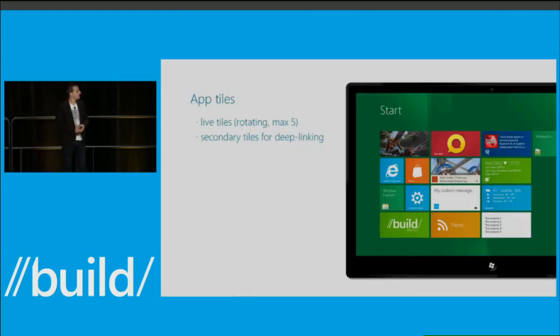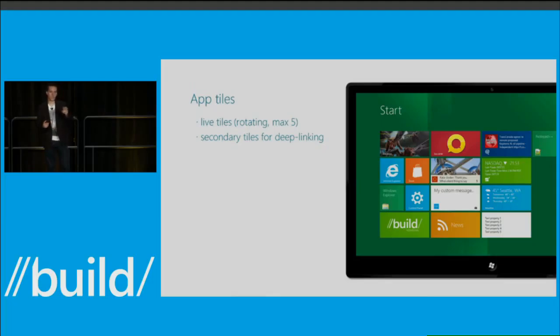So I explained the live tiles, the rotating effect. There's also a concept called secondary tiles, which is pretty cool. This means that if you're in the app, and let's imagine you're in the Foursquare app again, and you go to a venue detail, for example, the company you work at, you can pin that to the home screen of your tablet.